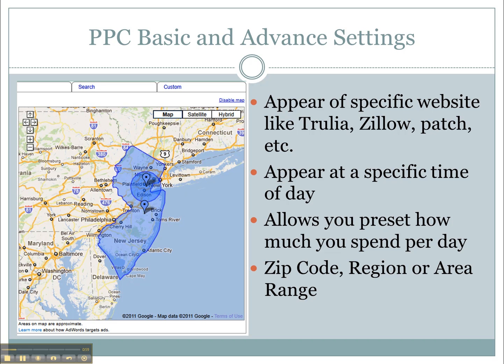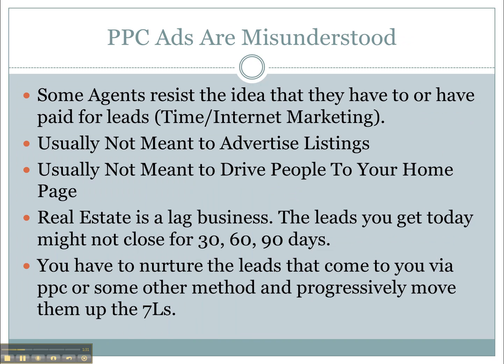If my office is in Edison and I know that my target market is within a 20-mile radius of Edison, I can choose to advertise to for sale by owners who are looking for information about the market, about their own home within that radius. So these are what I would call the basic pay-per-click settings, and there are also advanced settings. It really has more options, but I think these are probably the options that you'll utilize if you decide to do a pay-per-click marketing campaign.